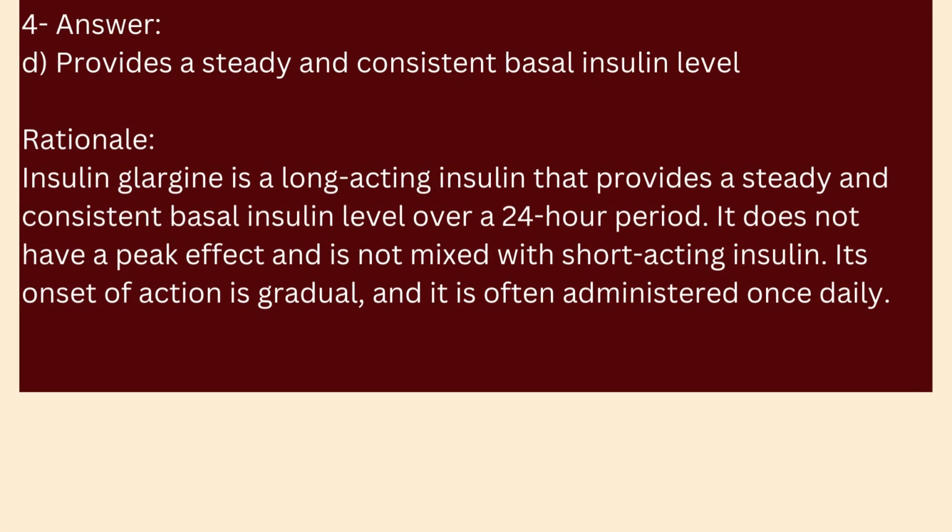Answer: D. provides a steady and consistent basal insulin level. Rationale: insulin glargine is a long-acting insulin that provides a steady and consistent basal insulin level over a 24-hour period. It does not have a peak effect and is not mixed with short-acting insulin. Its onset of action is gradual, and it is often administered once daily.